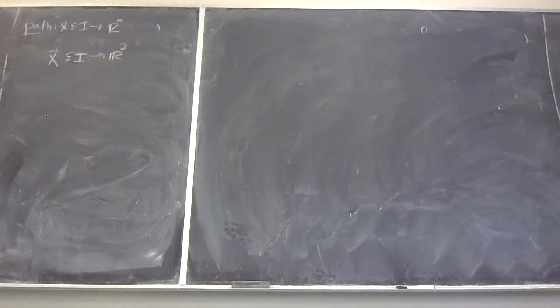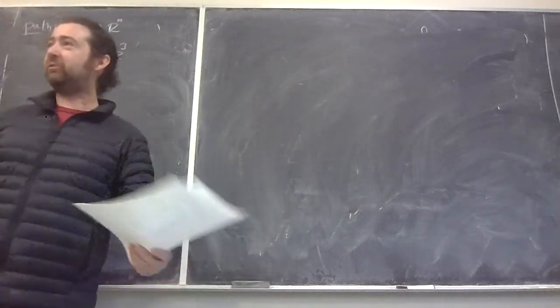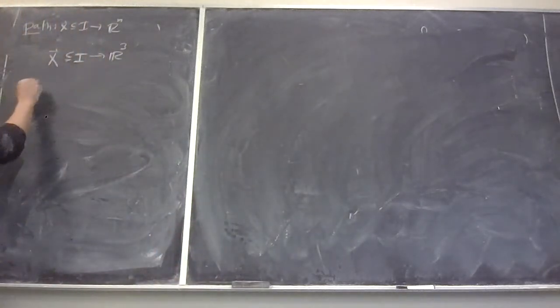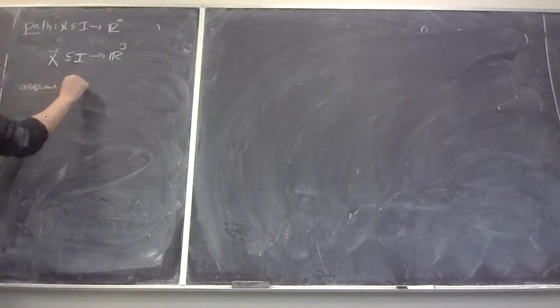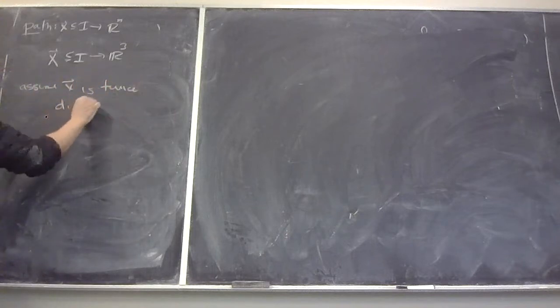We're going to assume that our path is twice differentiable, which is a reasonable physical assumption. If things aren't moving in differentiable paths in nature, then jaggy corners aren't usually something you see in motion, right? So we're going to assume that x is twice differentiable.